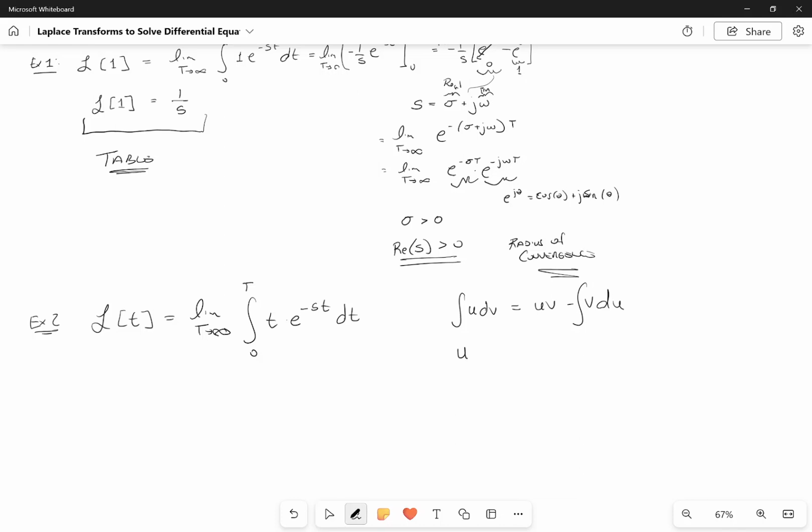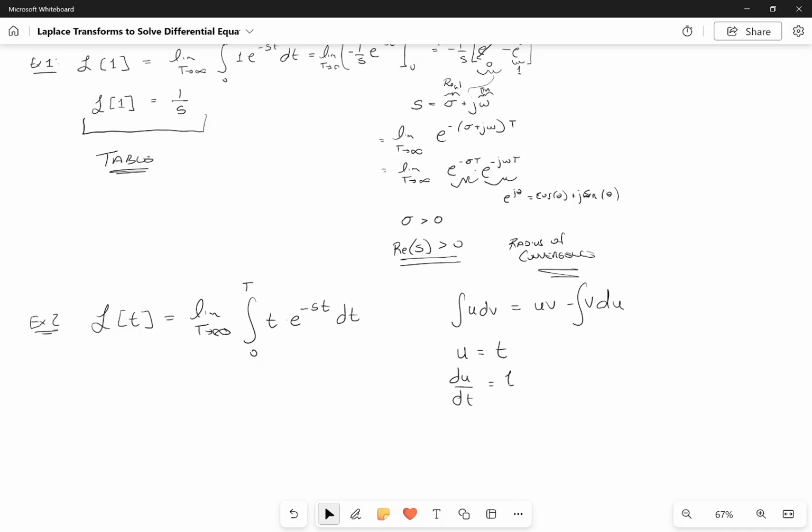I'm going to choose t because when I take du by dt, it gets simpler. If I chose e to the negative st and took the derivative, it would be negative s times e to the negative st, and the integral becomes more complicated.